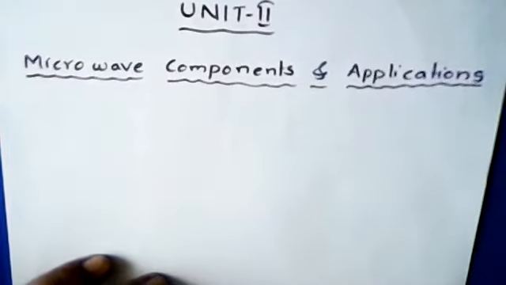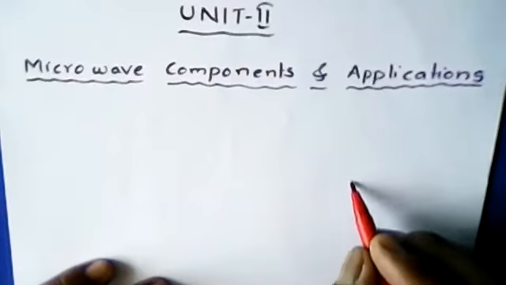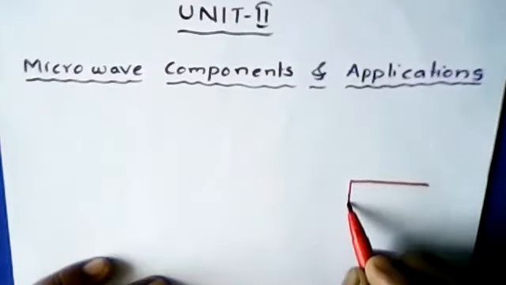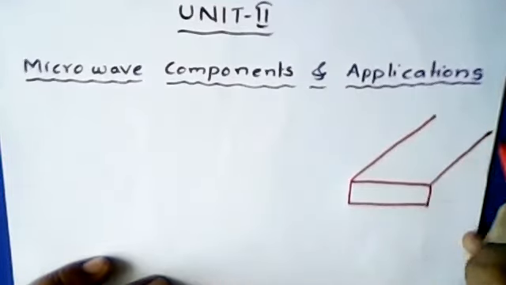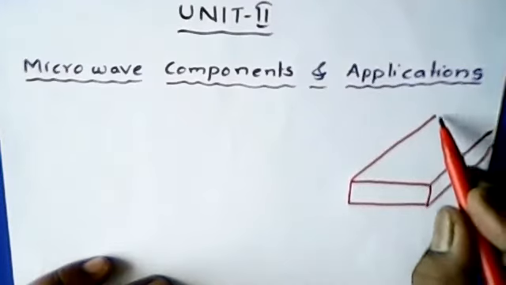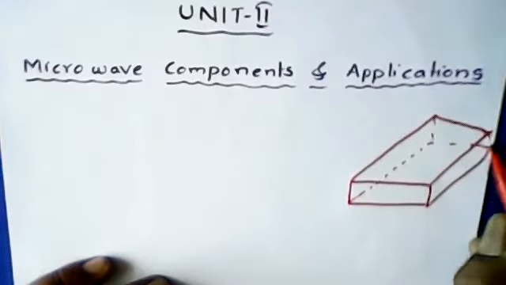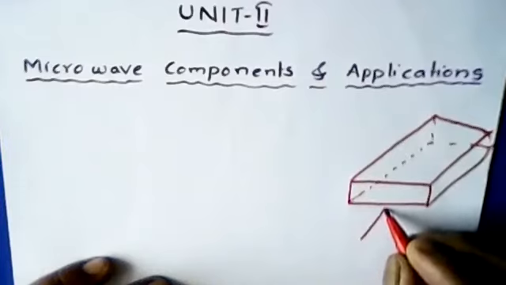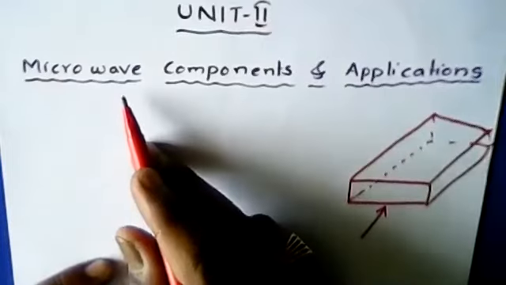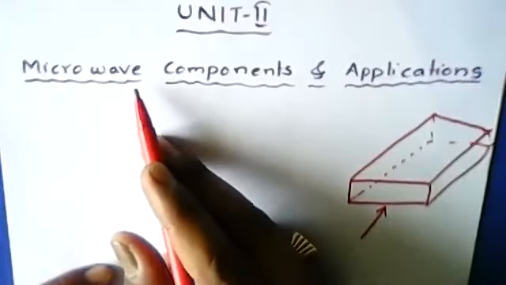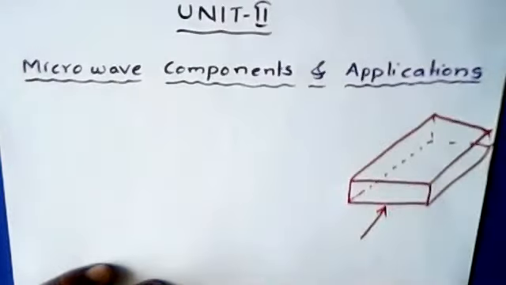First, microwave components. Consider a rectangular waveguide. Assume that this is a rectangular waveguide, along which the wave needs to propagate. Let me tell you what the functionalities of microwave components are.